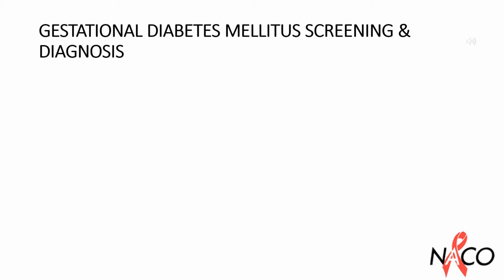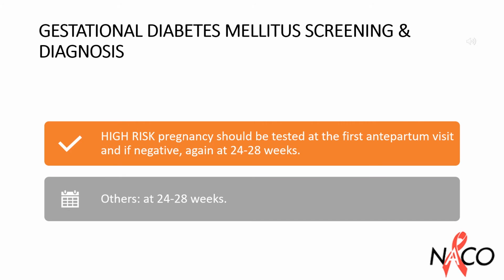For diagnosis of gestational diabetes mellitus, high-risk pregnancy cases should be tested at the first antepartum visit and if negative, again at 24 to 28 weeks. For others, it has to be tested at 24 to 28 weeks of gestation.